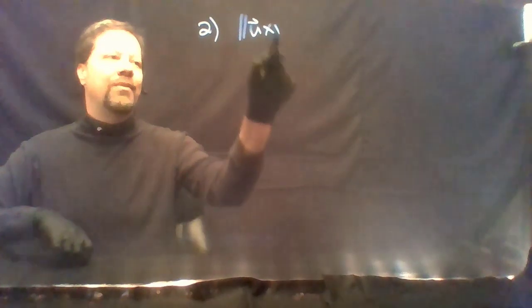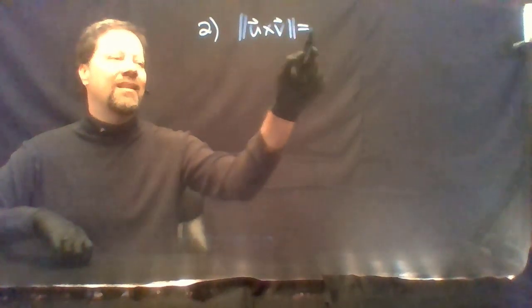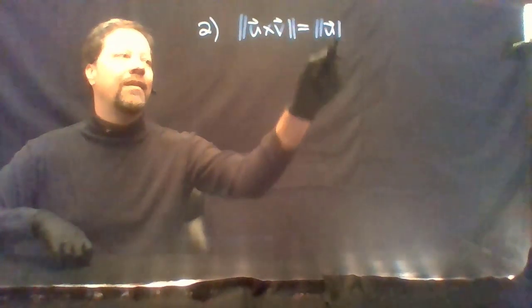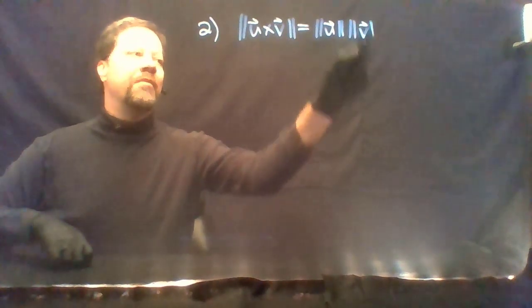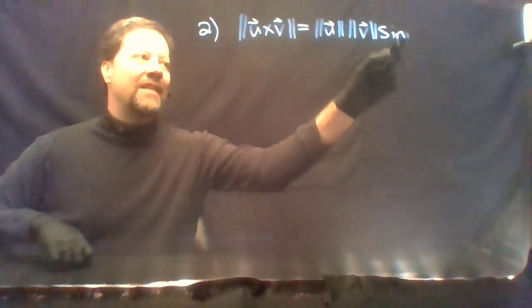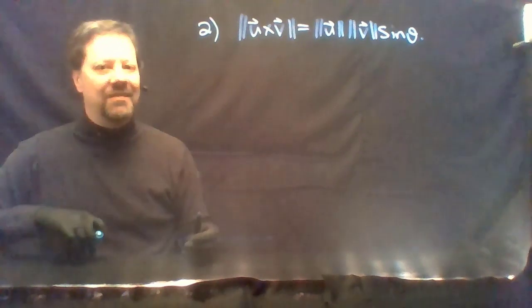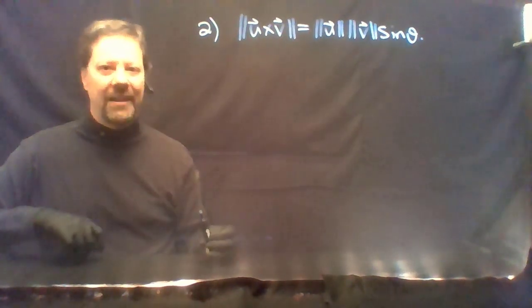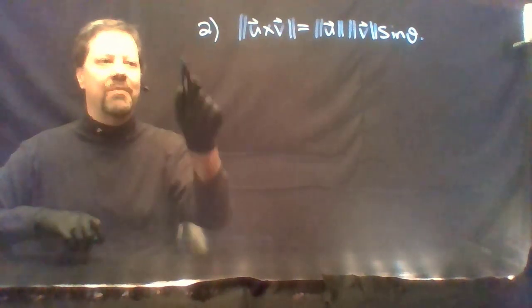Statement 2 says the norm of u cross v is equal to the norm of u times the norm of v times the sine of the angle between u and v. So here's how we're going to prove this.